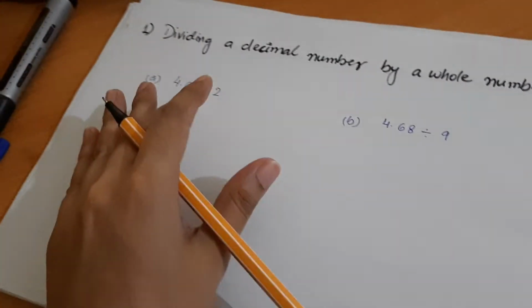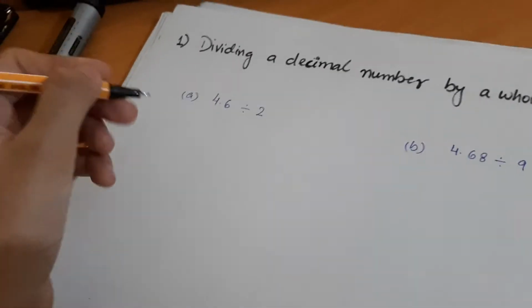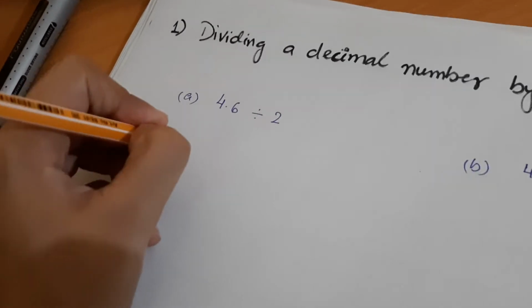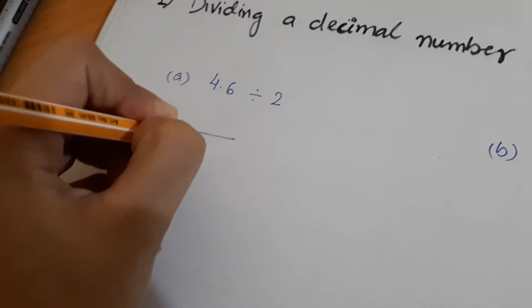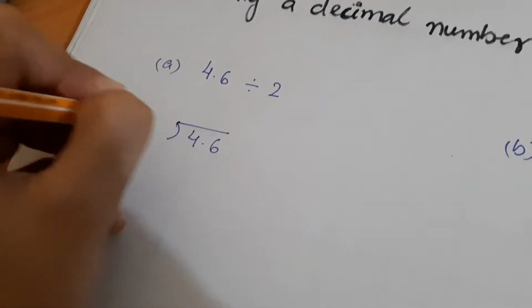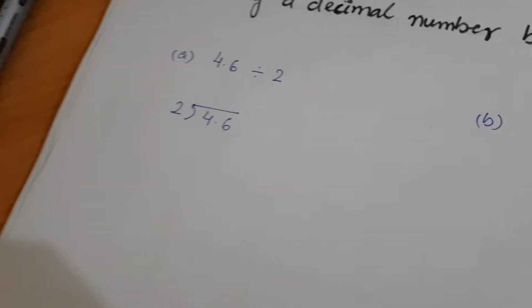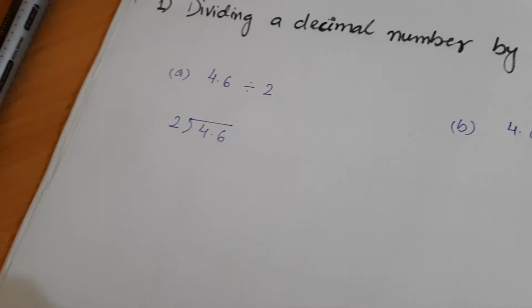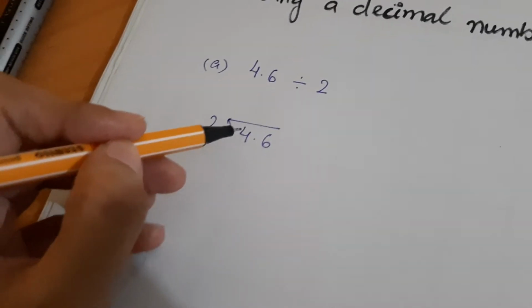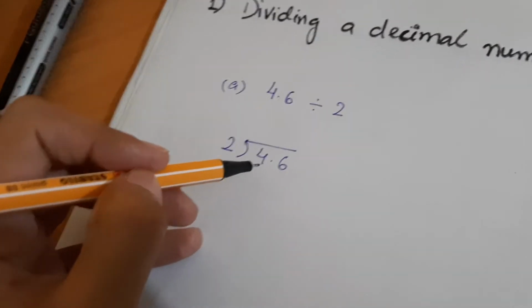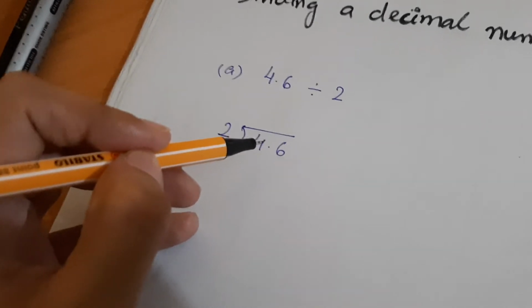So here I have two different parts that I'm going to solve. It's 4.6 divided by 2. Now what you have to do here is, we are not going to consider the decimal point right now.